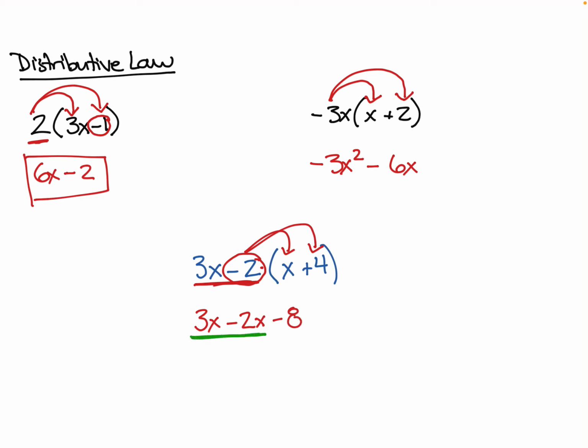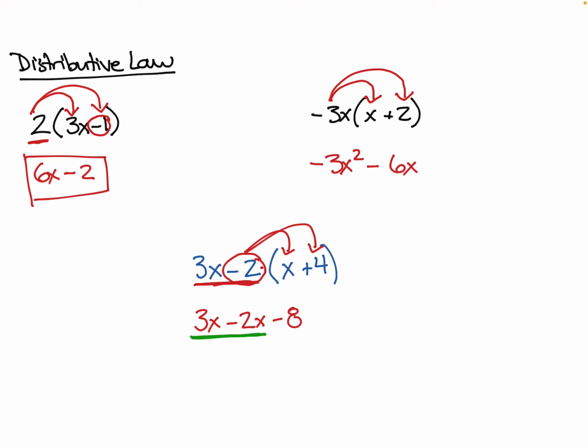And we do. We have a pair of like terms here, so we're going to put those together. 3x minus 2x gives us x. And then the minus 8 has nothing else to collect with. So x minus 8 would be our final answer on that. So that's how you work a question where you have a single term multiplying onto a set of brackets.